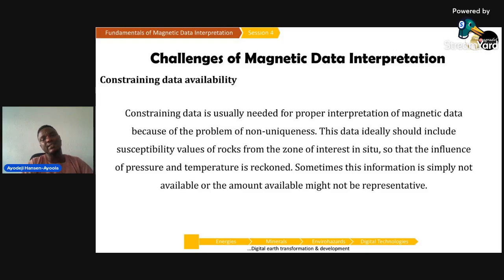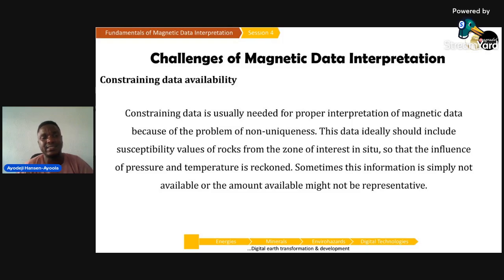And lastly, talking about the challenges one can encounter in magnetic data interpretation is constraining data availability. Constraining data is part of what we use to solve the problem of non-uniqueness. Constraining data could include something as simple as geologic information. It could be rock properties, perhaps laboratory measurements of rock susceptibility, which, when one wants to do modeling, are quite essential to take care of the problem of non-uniqueness.